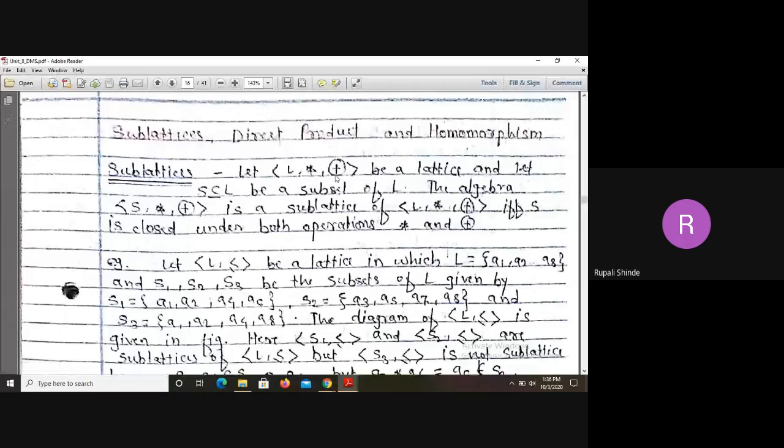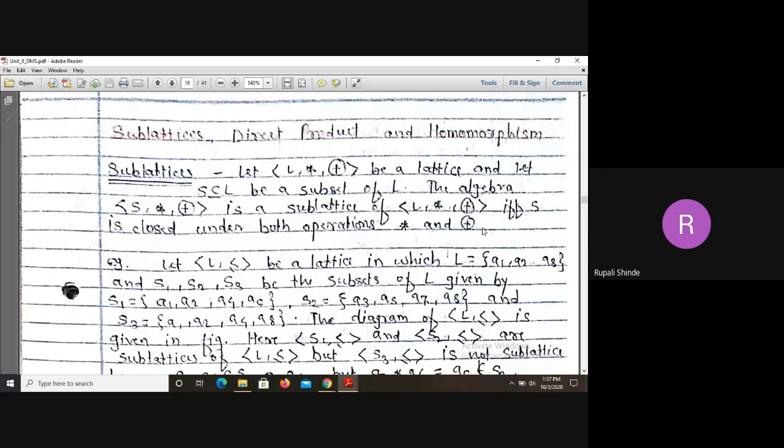Let (L, star, XOR) be a lattice and let S be a subset of L. The algebra (S, star, XOR) is a sublattice of (L, star, XOR) if and only if S is closed under both operations star and XOR.